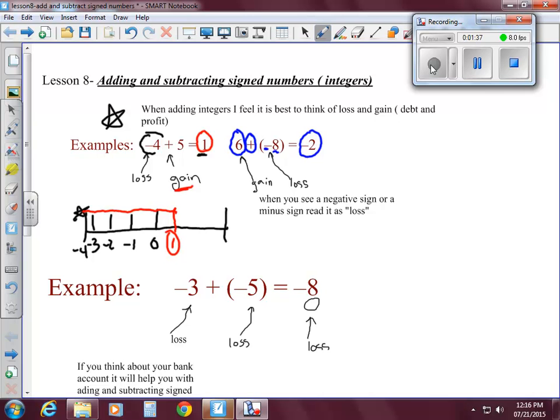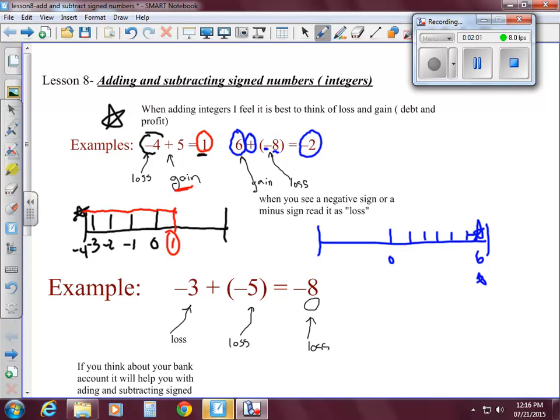Okay? We're just going to continue practicing that again, and if you need to draw that out, just think about this. 6, that's positive 6, right? So 1, 2, 3, 4, 5, 6. Think about yourself standing here at 6. And then adding a -8, that really means adding a loss of 8, and every time you see loss 8 or -8, go to the left 8 units.